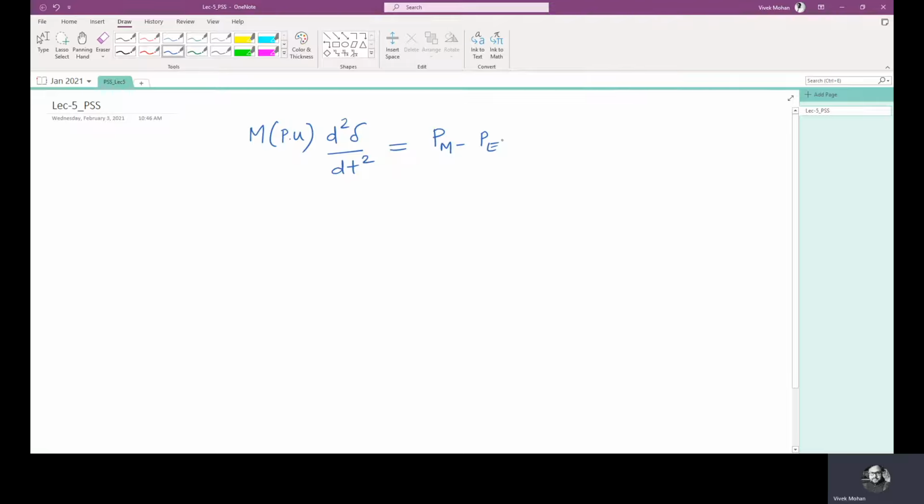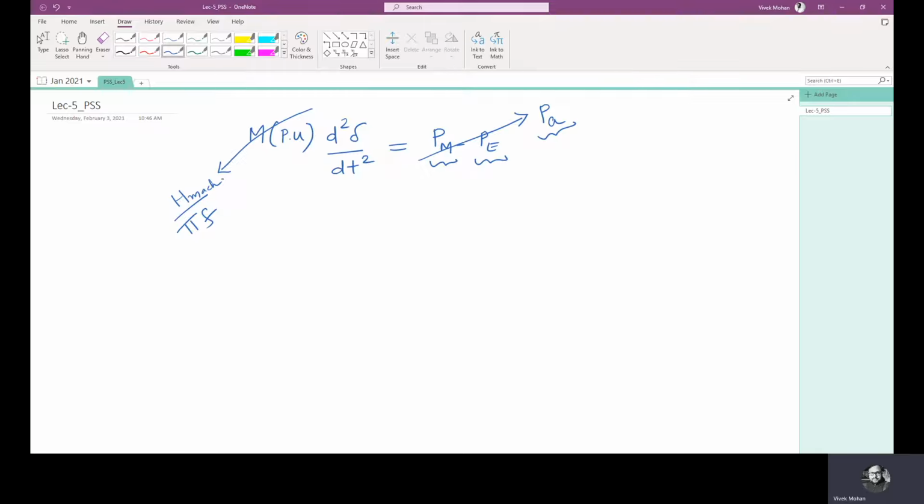This is your Pa, which is the accelerating power. Pm is mechanical power and Pe is electrical power. Now this M can be written as H divided by pi F, and for a single machine, this is the H machine.